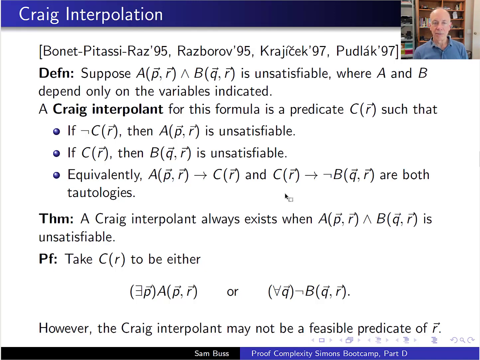And we assume the only common variables in A and B are the indicated variables R. So a Craig interpolant for A and B is a predicate C of R, that is involving only the common variables R, such that for any setting to the variables R and P and Q, if C of R is false, then A of PR is false. In other words, for any setting of the variables R, if C of R is false, then A of PR is unsatisfiable. And conversely, for any setting of the variables R, if C of R is true, then B of QR is unsatisfiable.